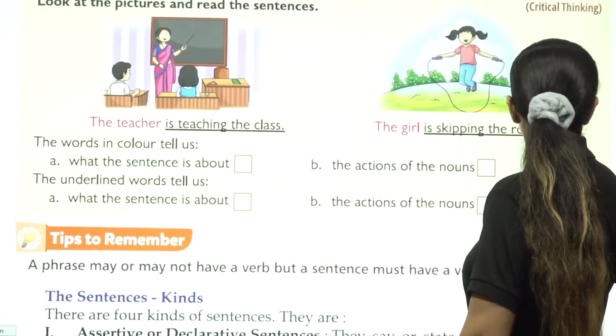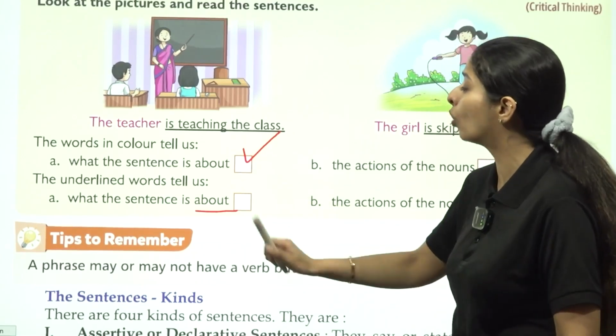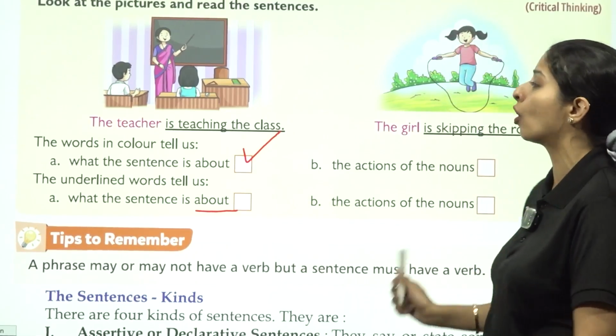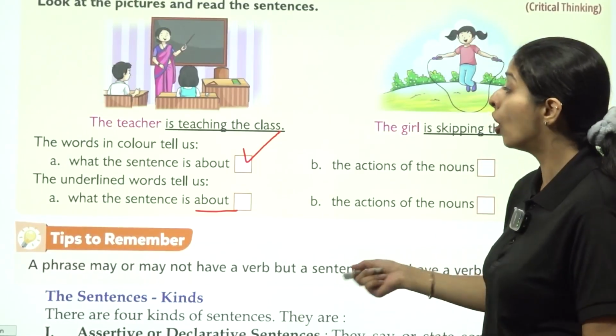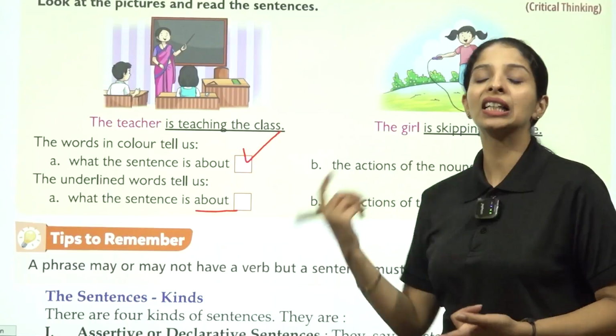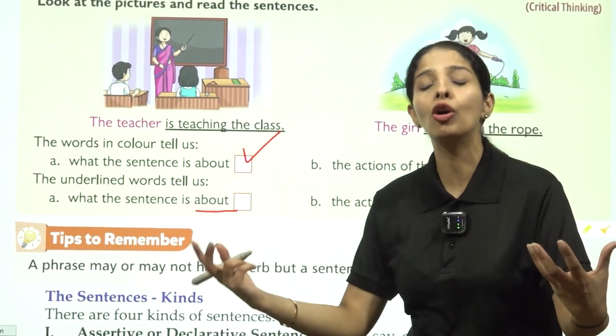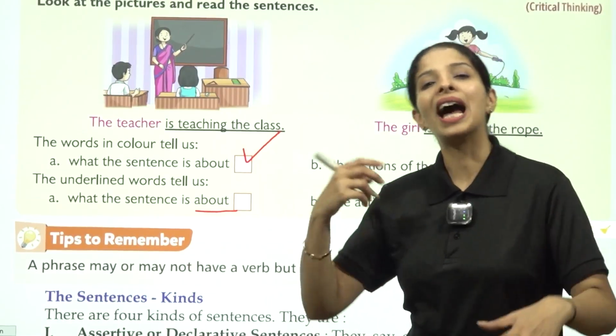So you will tick it. The underlined words tell what the sentence is about, the actions of the noun, like the teacher is teaching and the girl is skipping the rope. So it is telling me about these two persons, the teacher and the girl.